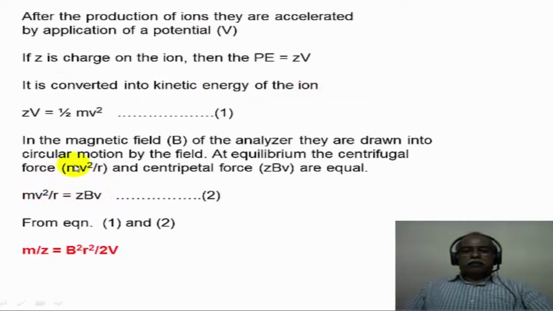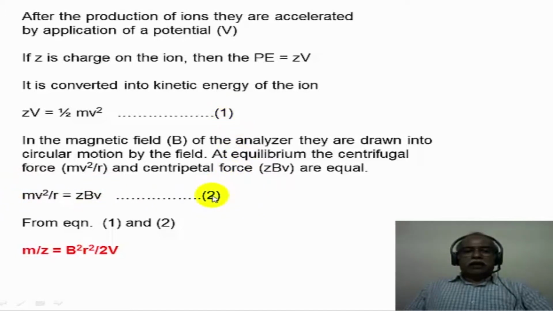The centrifugal force is mv square by r, where r is the radius of curvature of that particular ion of mass m, and the centripetal force is essentially ZBv. The centripetal force is the charge times the magnetic field strength times the velocity of the ion. So when the centripetal and the centrifugal forces are equal, this is represented in equation 2.